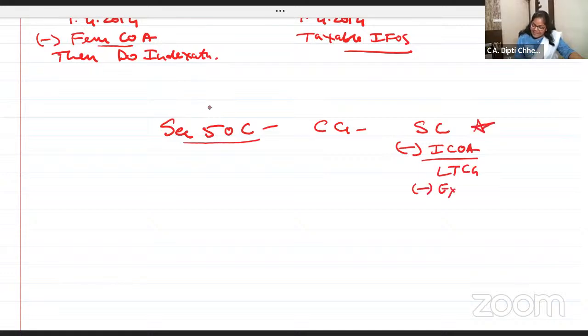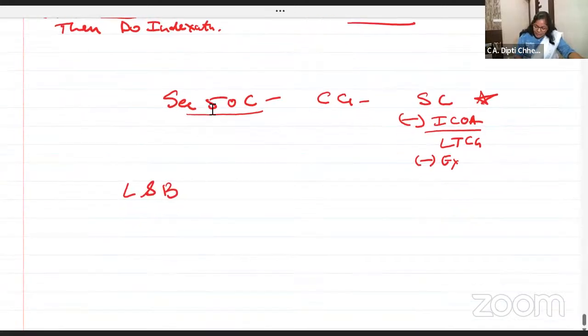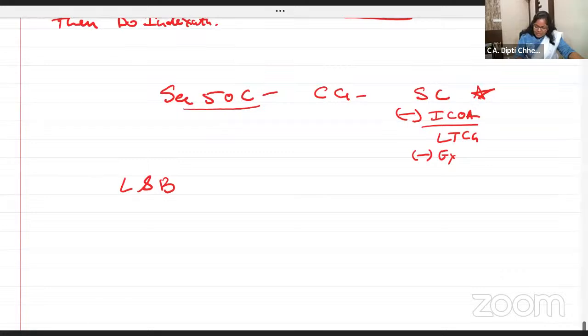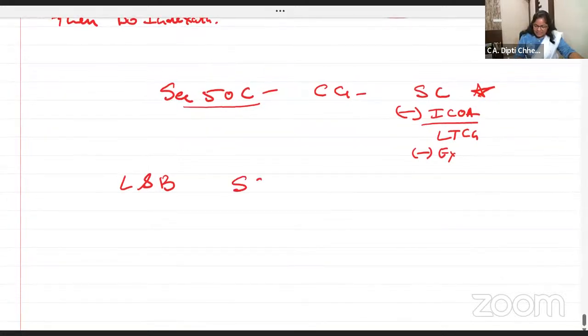So while taking the sale consideration in case of land and building, many times I'll call actual sale consideration as sale consideration. Say sale consideration is 80 lakhs, and when you go for the registration, the stamp duty value of the property on the date of sale is say 110 lakhs, while I have taken 80 lakhs from the buyer.